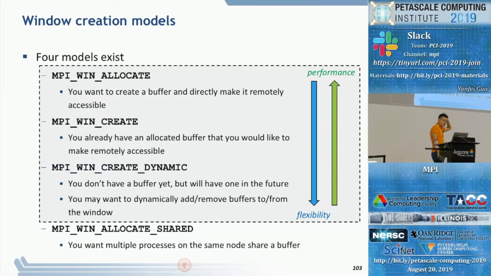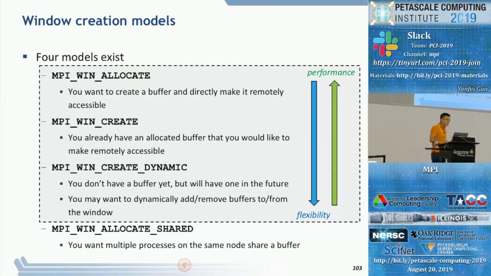As you can see, the lower you go, the more flexibility you have. With the first one you have to say I want to allocate a buffer and expose it at the same time. If you do win create dynamic, I can say I have no idea how large the buffer is, and I have no idea how many buffers there will be, but I'm going to eventually expose something, so you have the flexibility to do that.